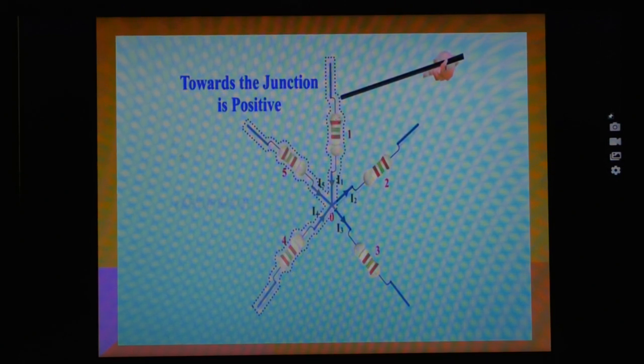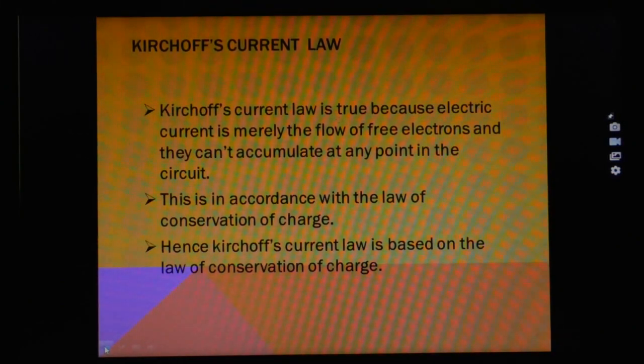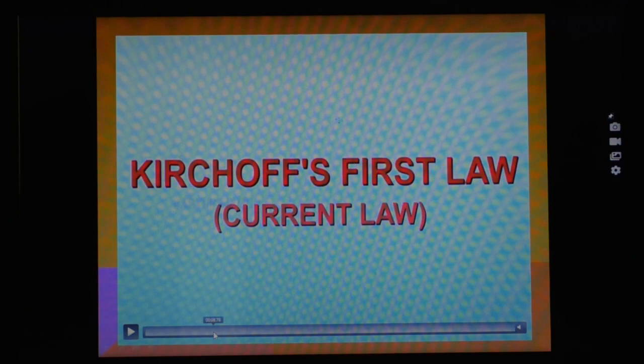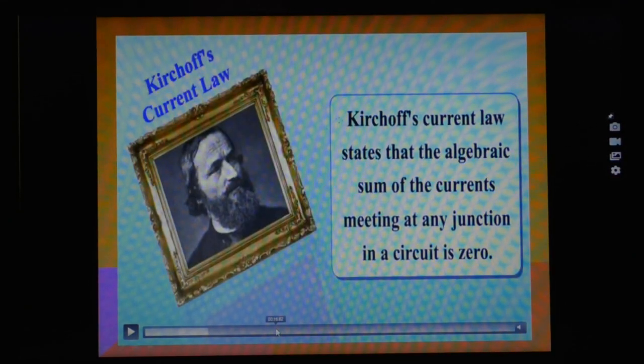But we notice the direction of flow of currents through the resistors, they may be moving towards the junction or away from the junction. All right.